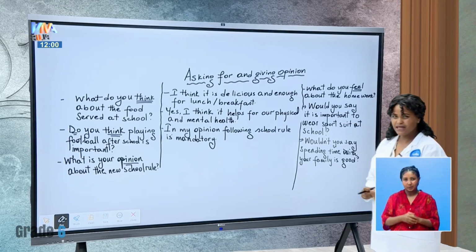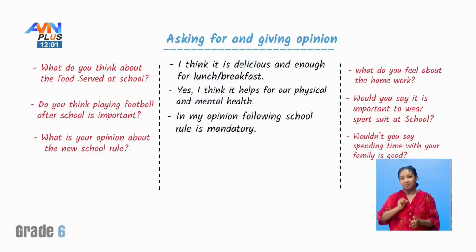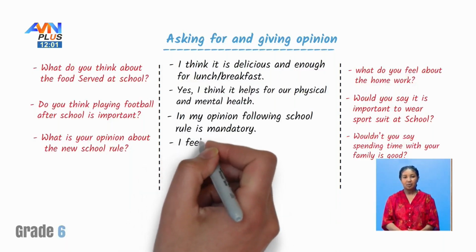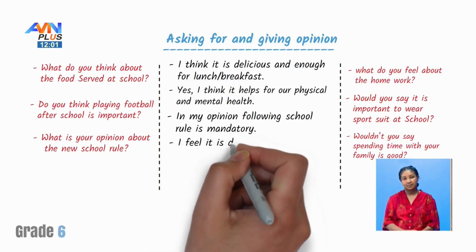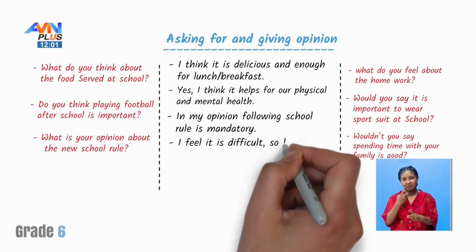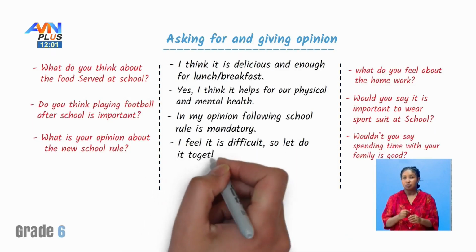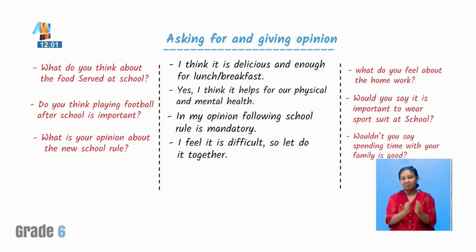Yes, how do you say? Yes, somebody said, I feel. Yeah? I feel, it is difficult. It is difficult. So you can say like this. So let's do it together.